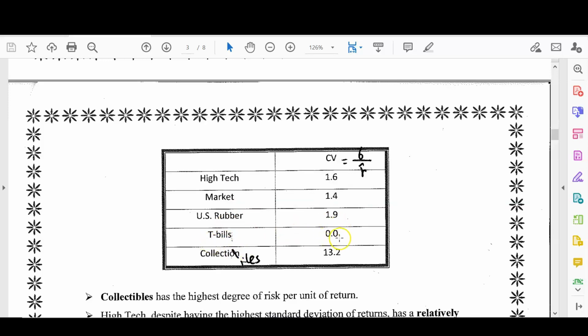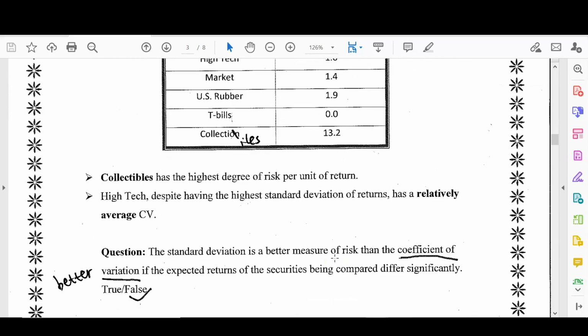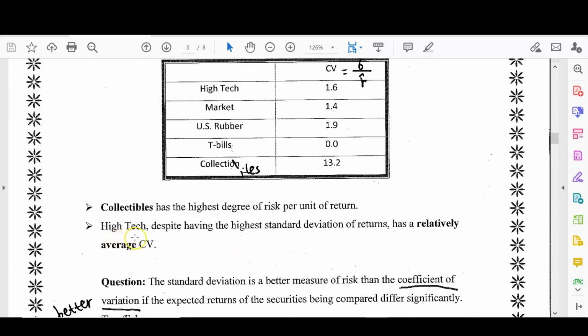Treasury bill has zero CV, and collectibles has the highest CV because it has the lowest return, highest risk. So high tech, despite having the highest standard deviation of returns, has a relatively average CV because it has a high return as well. And collectibles has the highest degree of risk per unit of return. Okay, highest CV. It's not a good choice.